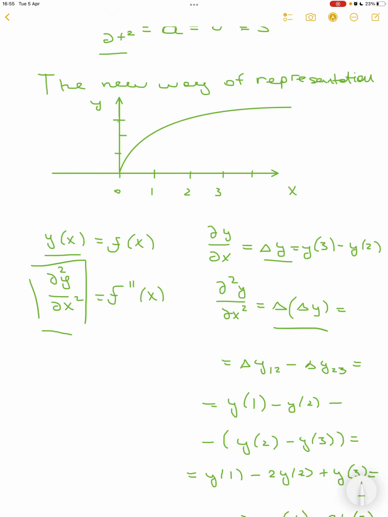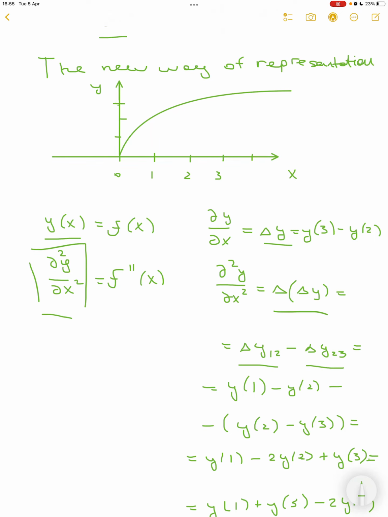So we take the delta of the interval 1 to 2 minus the delta of the interval 2 to 3. So look, what's it going to be?